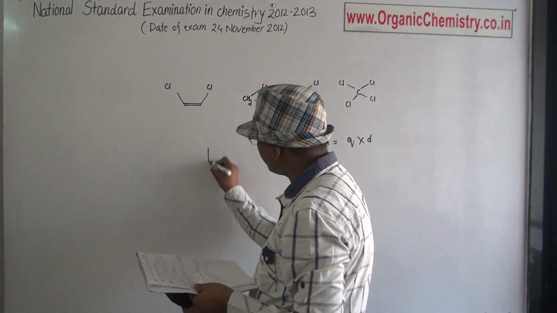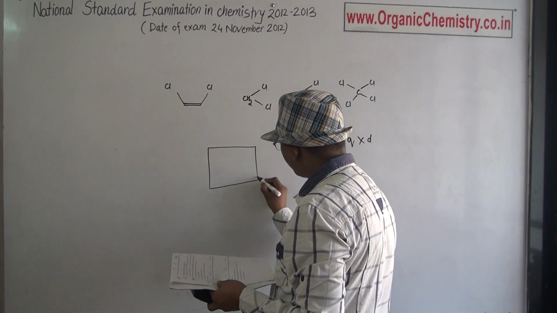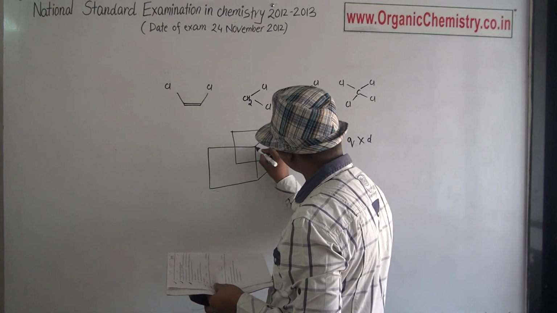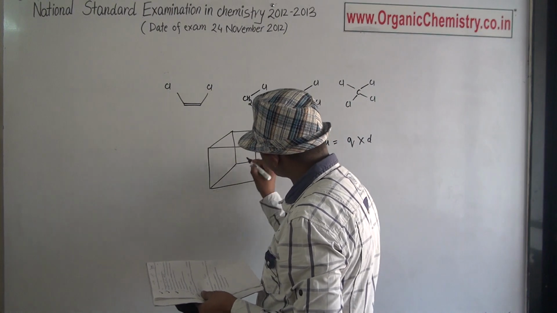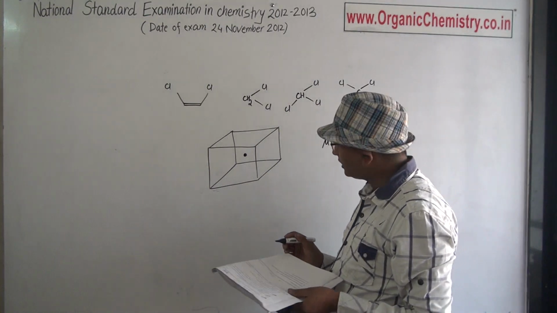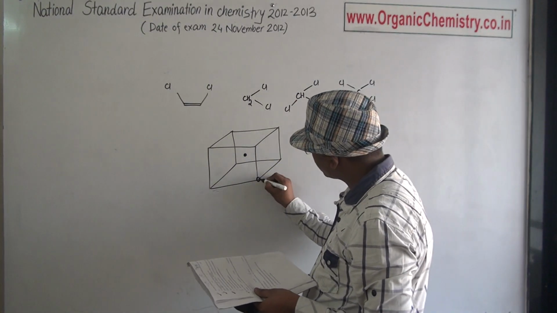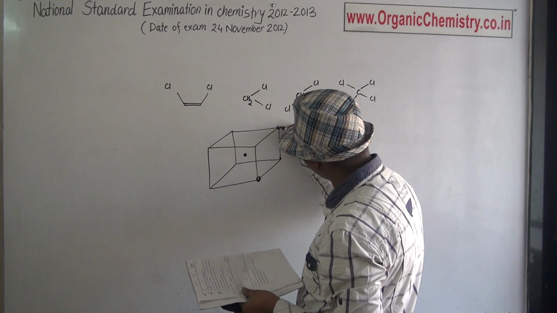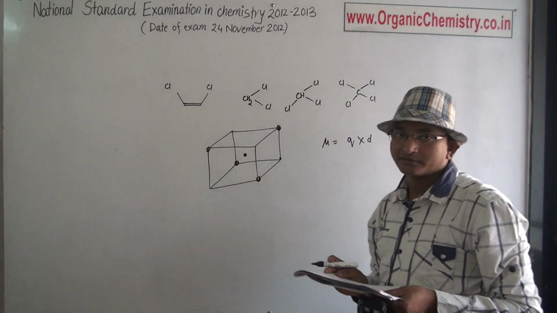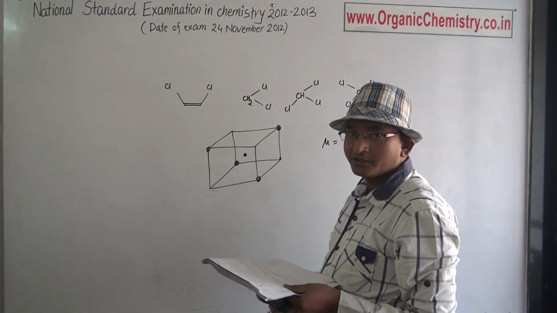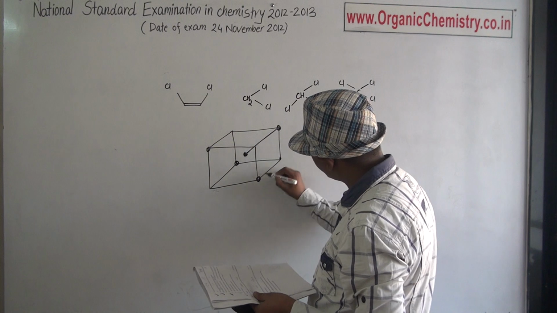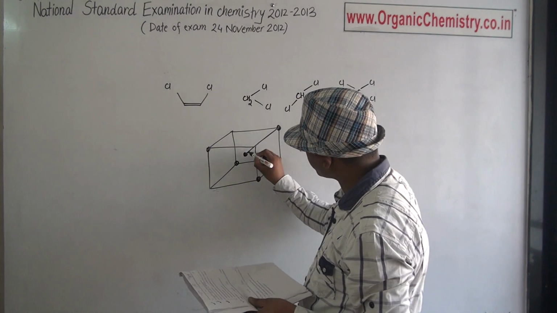For a symmetrical molecule, if you want to prepare a regular tetrahedral molecule, you must place the central atom at this particular position and atoms alternate to each other. In case of simple methane, this one is carbon, with hydrogen, hydrogen, hydrogen and hydrogen.